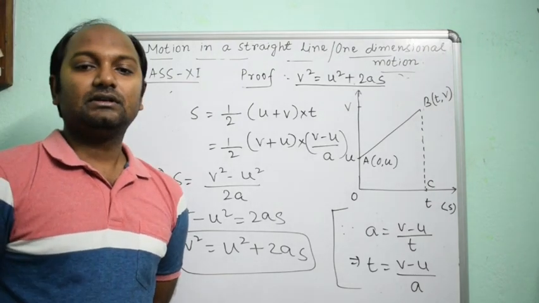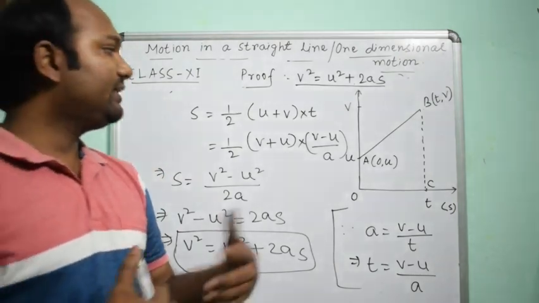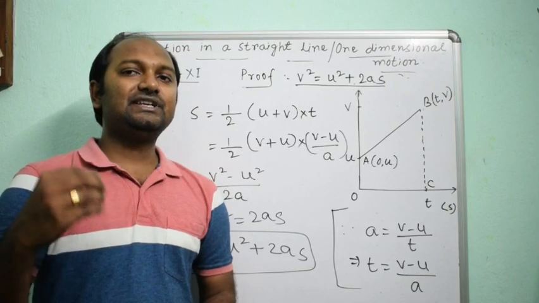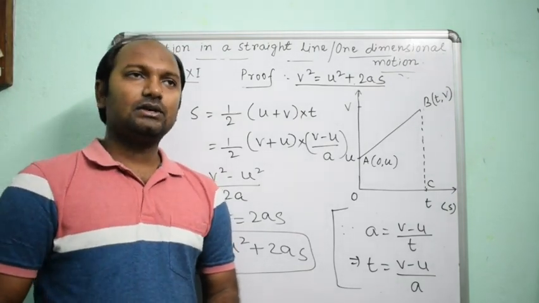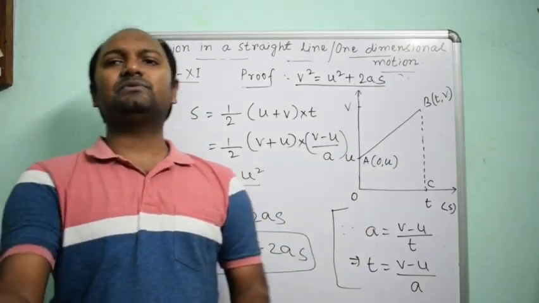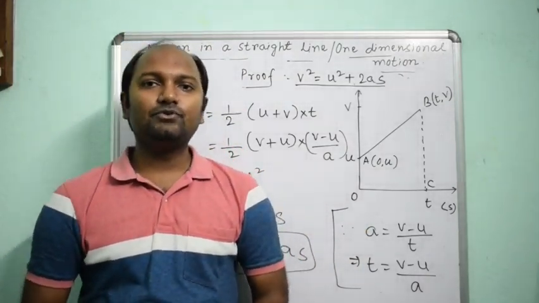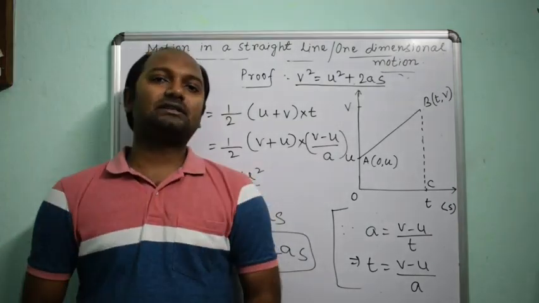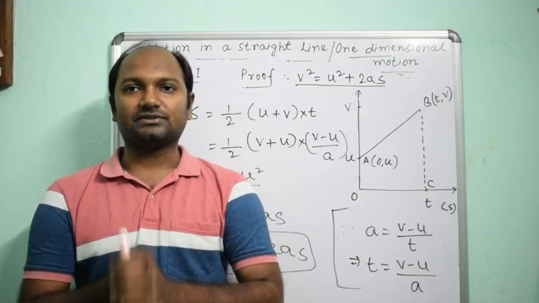Next, the last equation of motion, that is when a body is moving, then at the tth second. Suppose a body is moving for 10 seconds, and in a 5-second duration you have to find the displacement. It is very easy. If you put the values in the formula s equals ut plus half at square, then easily you can find the displacement.